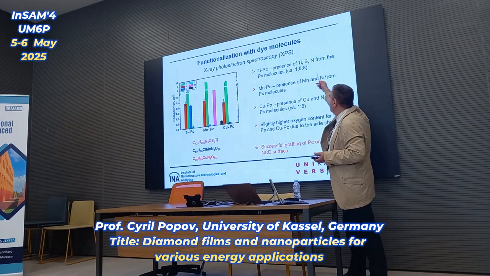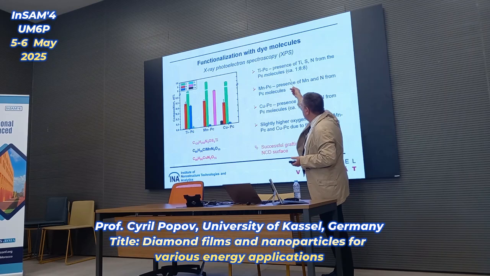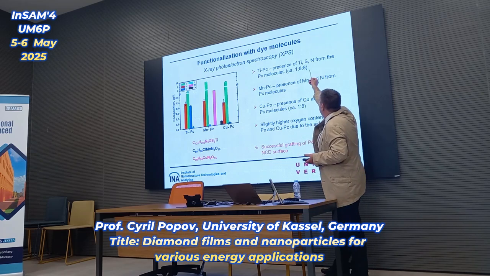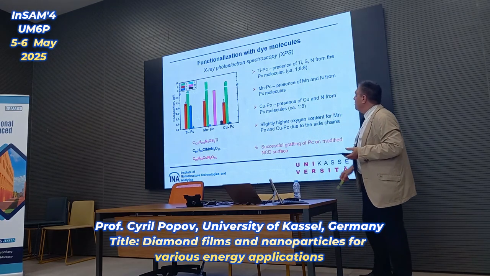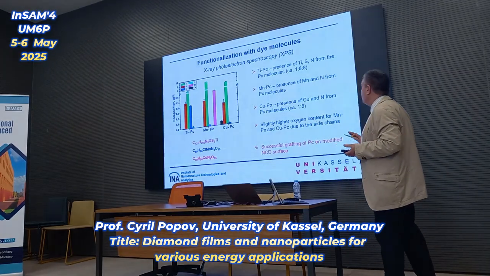For the titanium phthalocyanine, we detected other compositions. The titanium phthalocyanine was the only one containing sulfur in the side chains. We detected titanium, sulfur, also nitrogen, almost in the same ratios as in the phthalocyanine molecules.